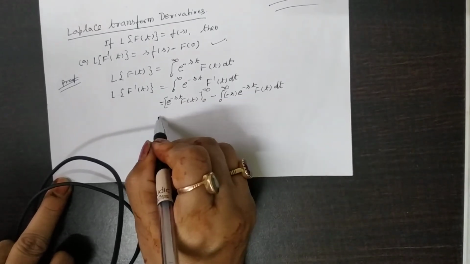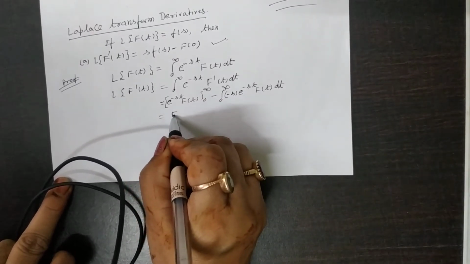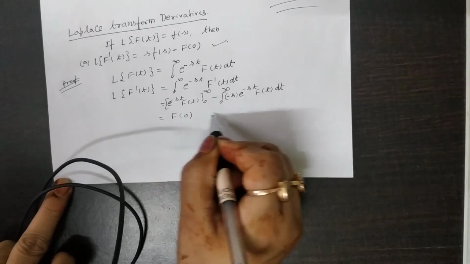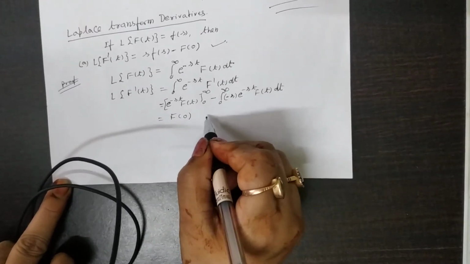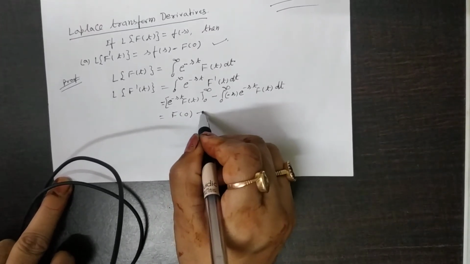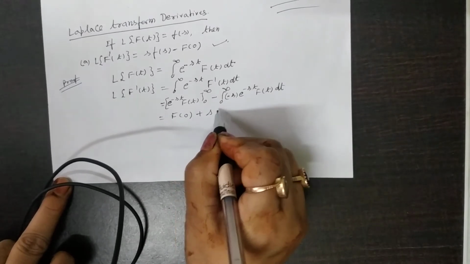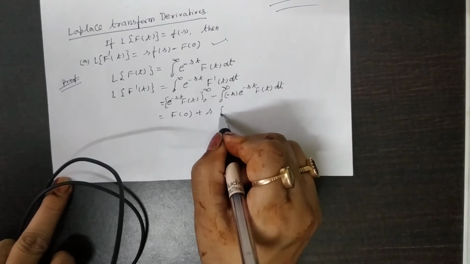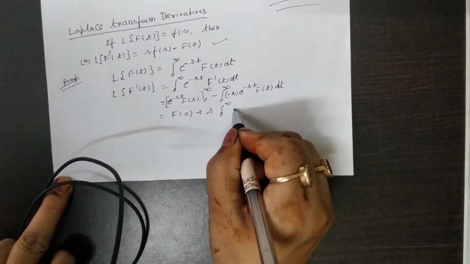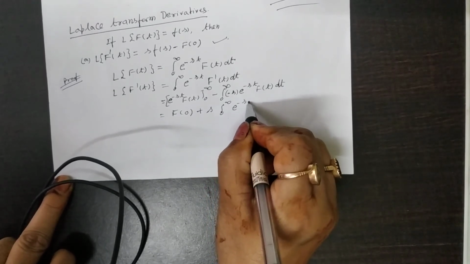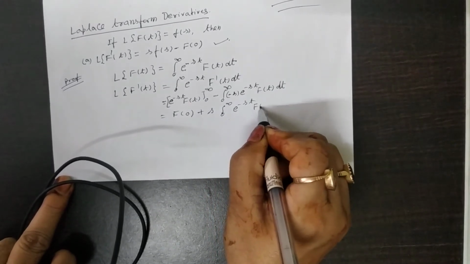Applying the limit, this becomes f(0), and minus s minus minus plus, so s times the integral from 0 to infinity of e to the power minus st f(t) dt.